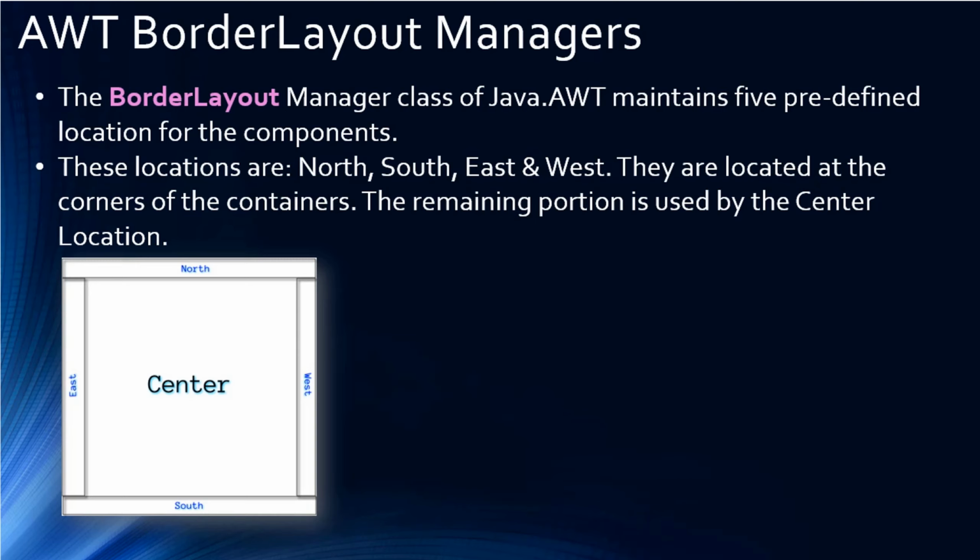But by setting the size of the component that you add to the edge, the size may grow. Each location can hold one component in it. That means only one component you can add to each of these 5 predefined locations.